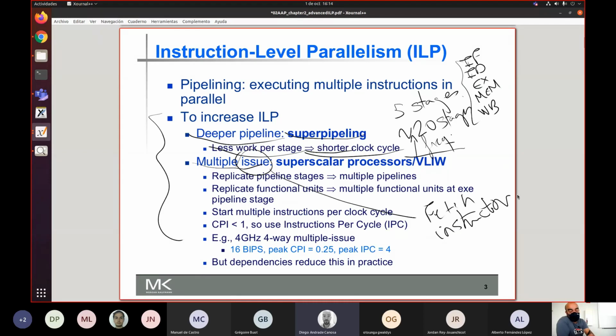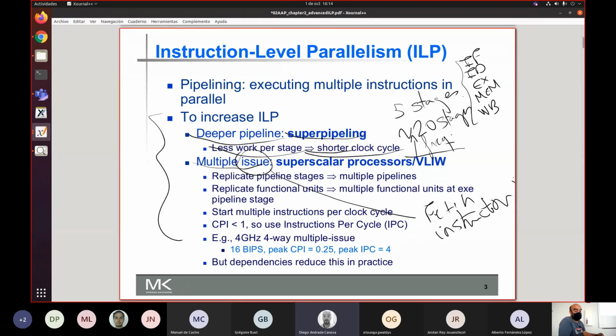So even in a pipeline processor, we are supposed to issue a new instruction every cycle, okay, not several of them. That's the idea of pipelining. But we can extend or complicate this idea just allowing to issue several instructions in the same cycle. Okay, and obviously this is going to increase the amount of instruction level parallelism.